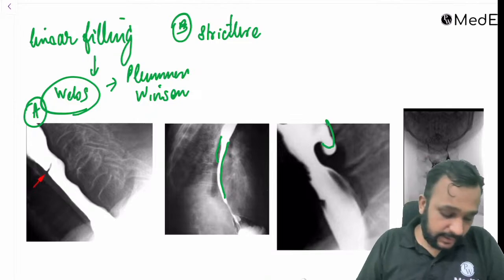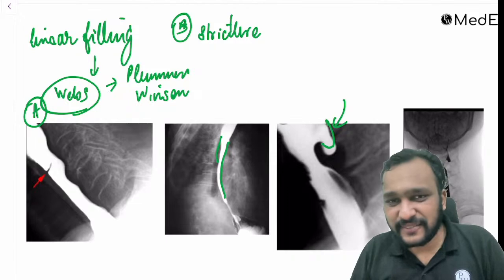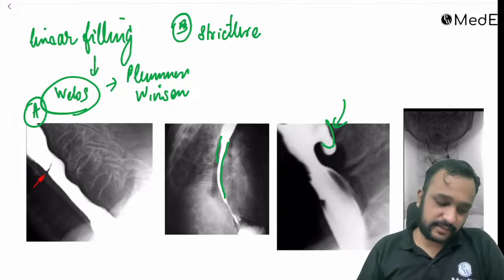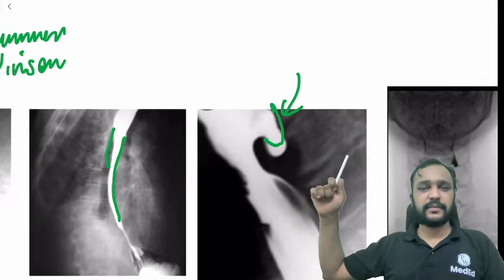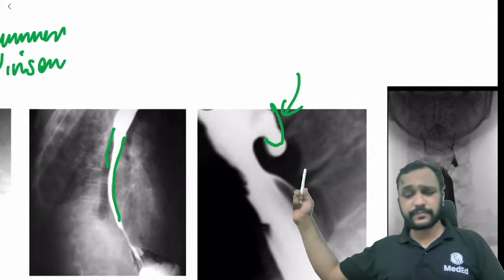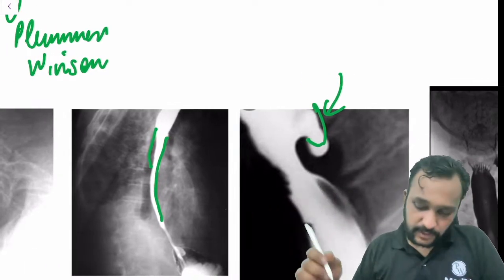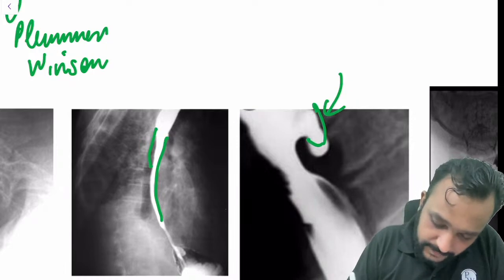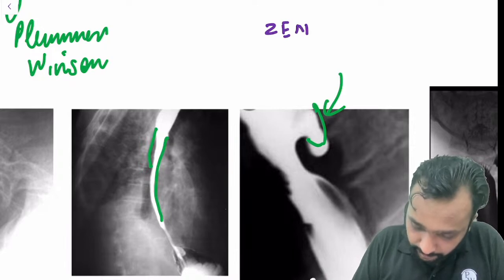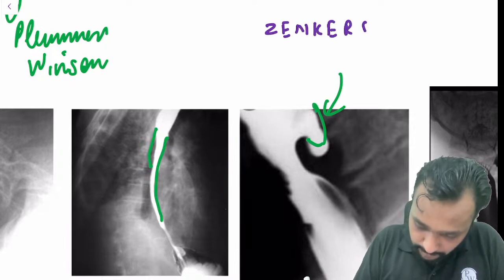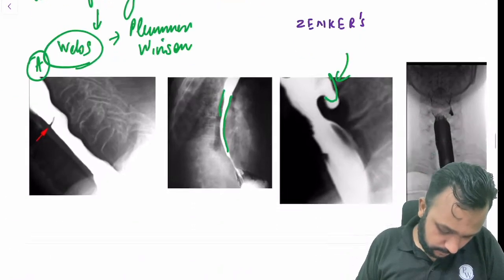And in the third image we can see that there is a diverticulum arising from the posterior part of the esophagus, and this diverticulum, just remember, is your Zenker's diverticulum, right?